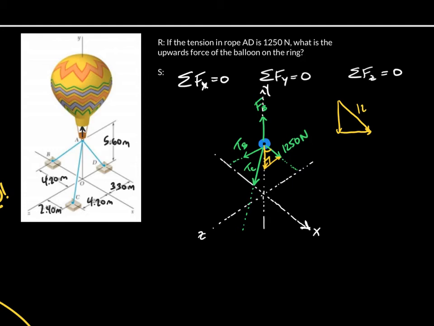So this is 1250 newtons. Okay, and I know some things. I can go back to the original drawing, and I know that this side of this triangle is 3.3, and this side of this triangle is 5.6. That is a similar triangle. It is not the same triangle, but it is a similar triangle.